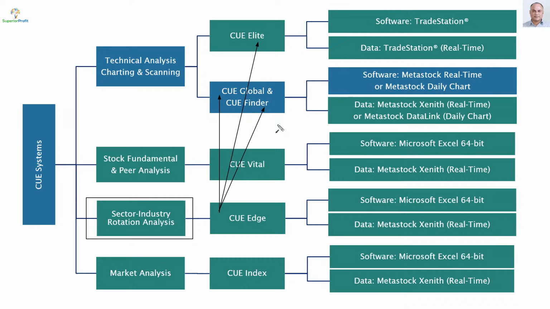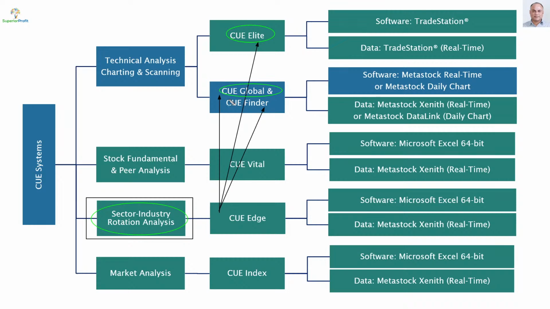That will be top-down analysis where you are ensuring strong sector, industry and fundamentals from Q Edge. Then you are looking up the charts for technical signals on Q Global, Q Elite.